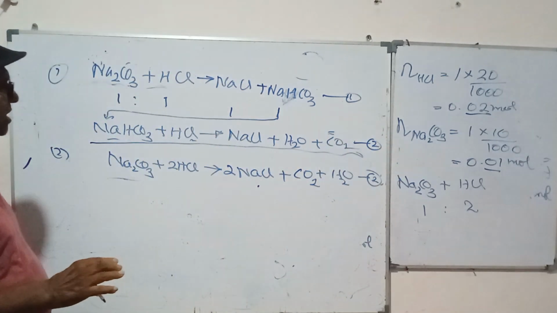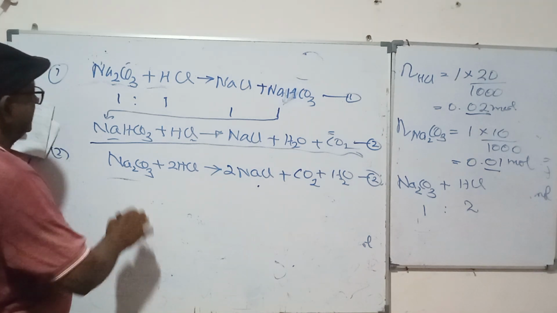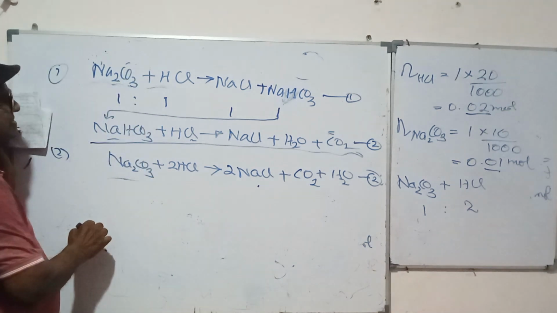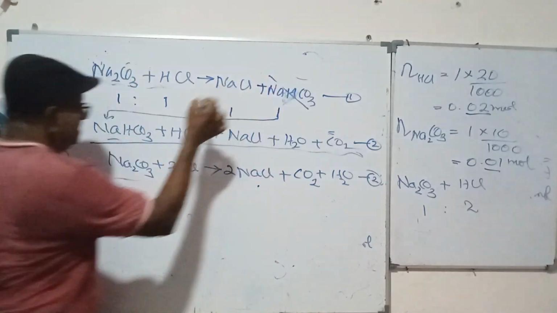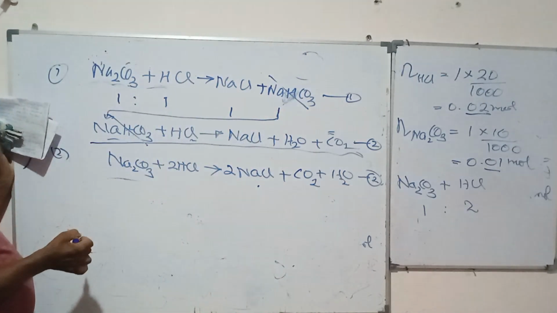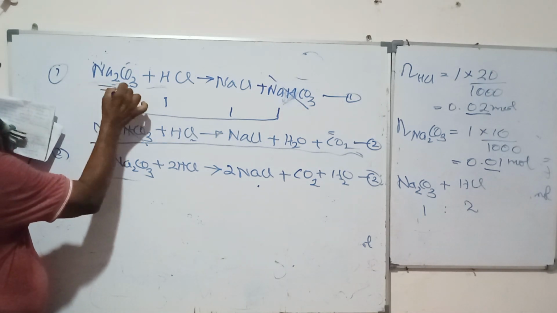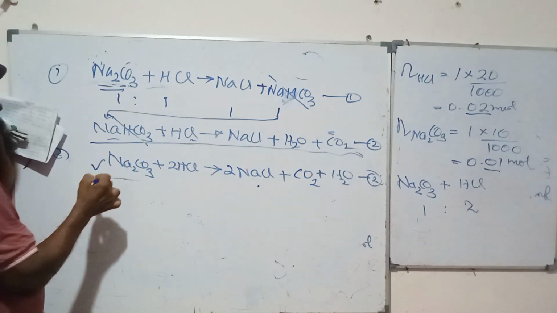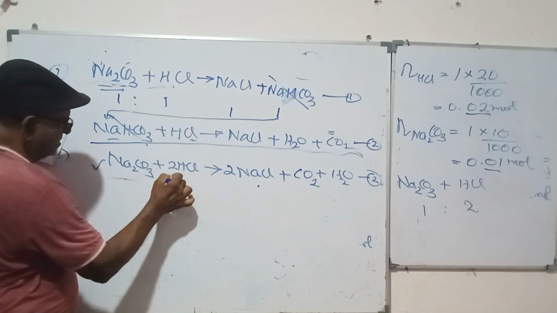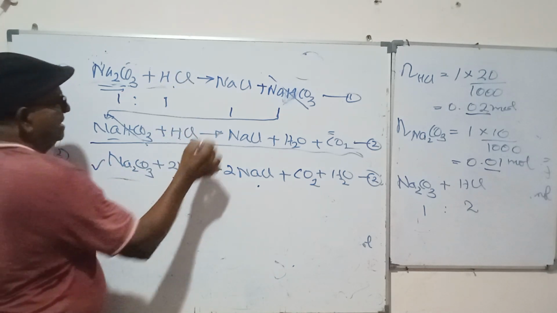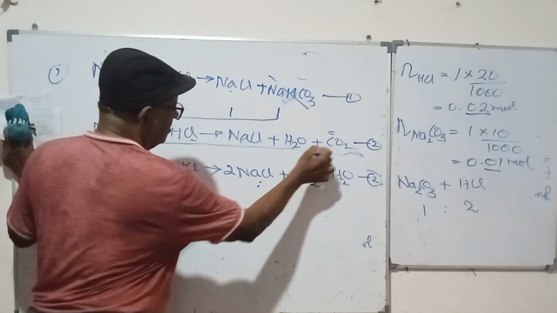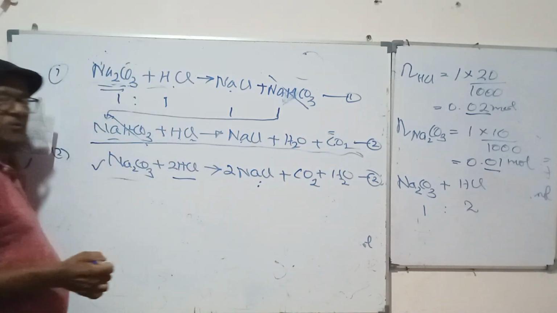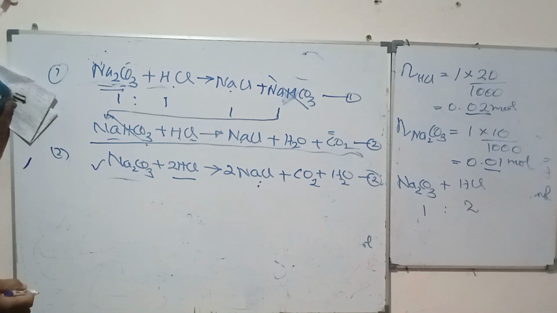If both reactions occur and we add these two reactions, sodium bicarbonate cancels out; sodium carbonate 1 mole here, HCl 2 moles here, 2 NaCl, CO2 plus water should be formed.